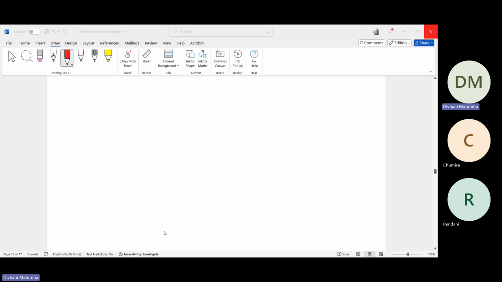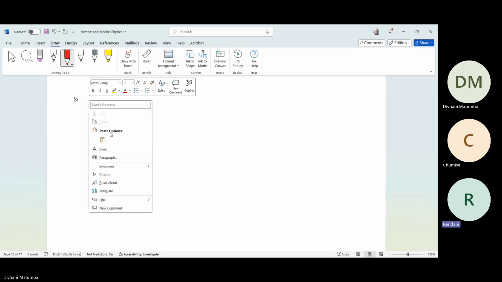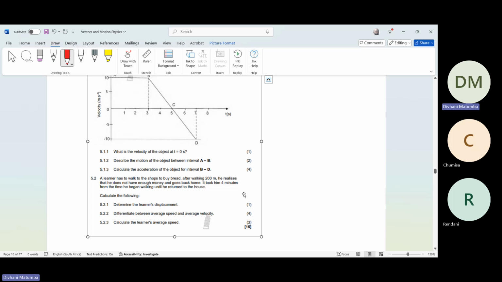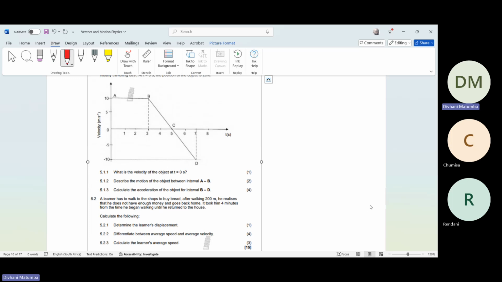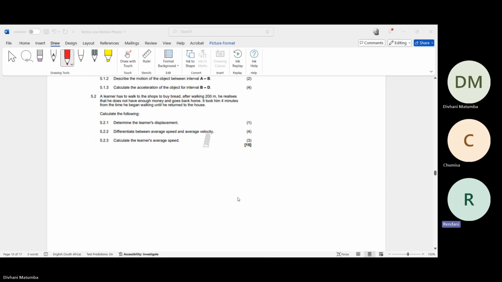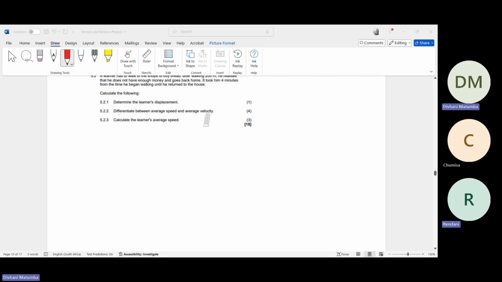Let me come up with another example. But Rendani, do you understand? Yes, sir. Okay, perfect. We're going to do another set of graphs. I want you guys to get used to the graphs. And also the example that I gave you on WhatsApp yesterday, did you get it? Yes, the graphical example. Okay, before I do the one you are seeing on the screen, let us try to tackle that one. Just give me 1 minute.